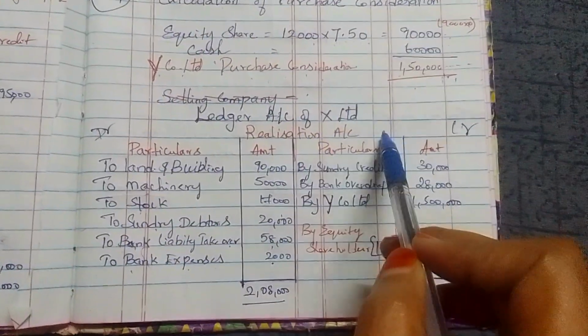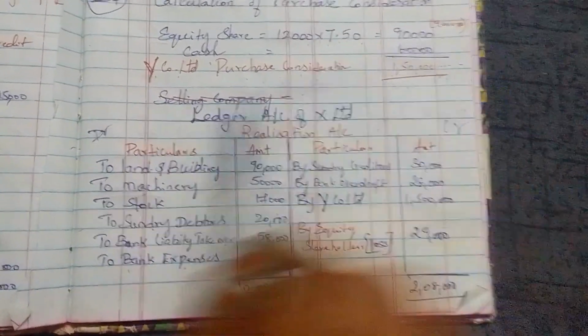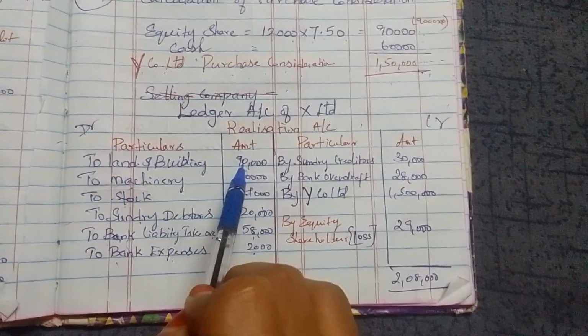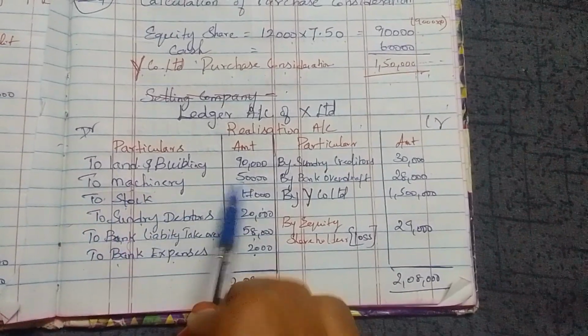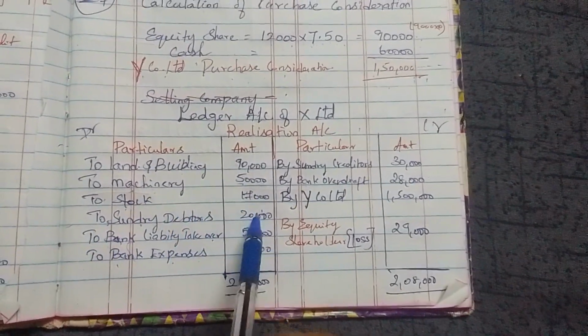In the realization account, the debit side is the assets and the credit side is the liabilities. So land and building 90,000, machinery 50,000, stock 17,000, sundry debtors 20,000.